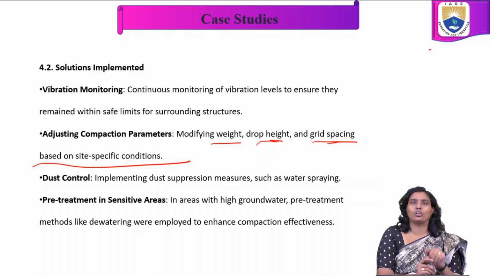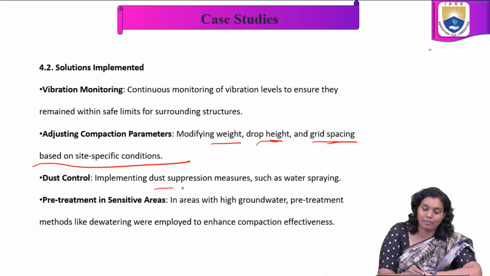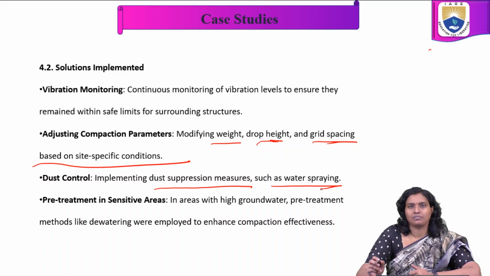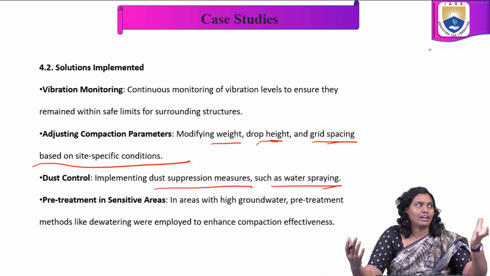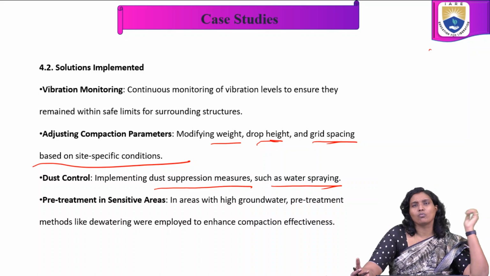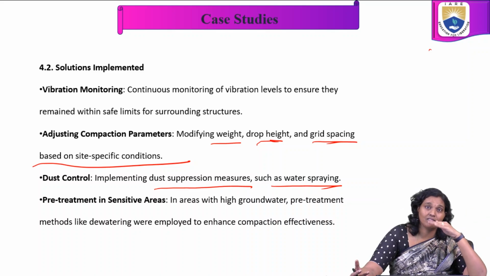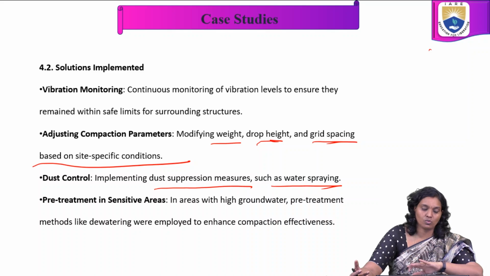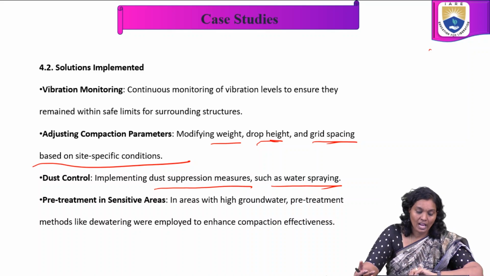In dust control, we implement dust suppression measures such as water spraying. Whenever we get a huge amount of water, we spray water to control the dust. This is also one of the measures which we follow. And pre-treatment in sensitive areas.